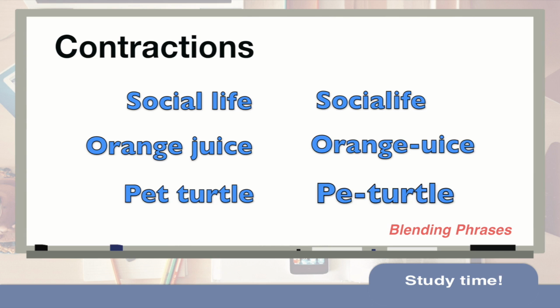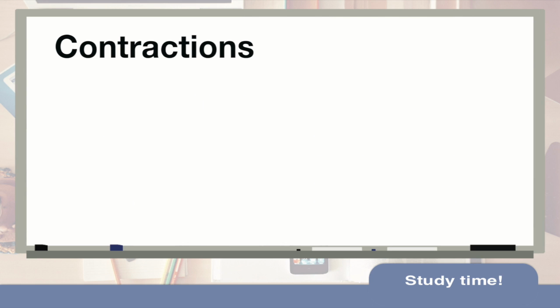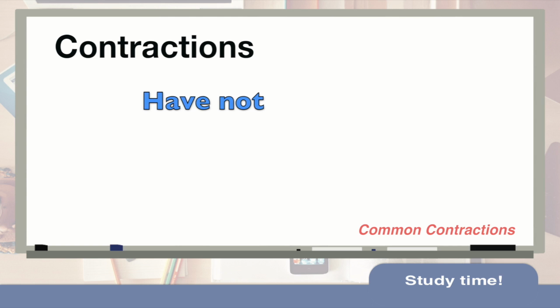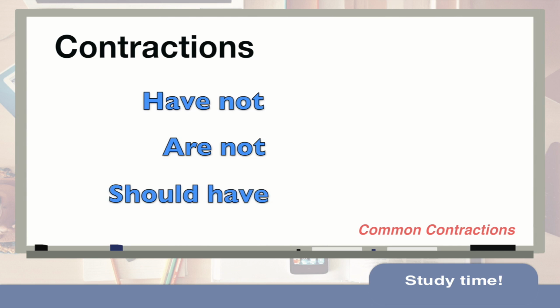It will take some time, but it's a great way to sound more natural, and maybe this is something that you could practice with your language exchange partner. Now let's take a look at some common contractions that are often used in native English language. Verbs that are joined with not are very commonly contracted.